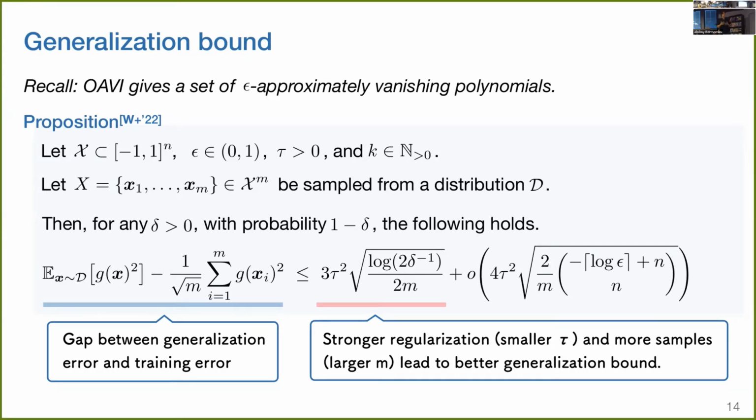Intuitively, if we have more samples, the gap between test and training becomes narrower. The same can be said for tau, the strength of the regularization. If we have stronger regularization, then we don't have a large gap. It looks a little complicated, but basically this is what it says.